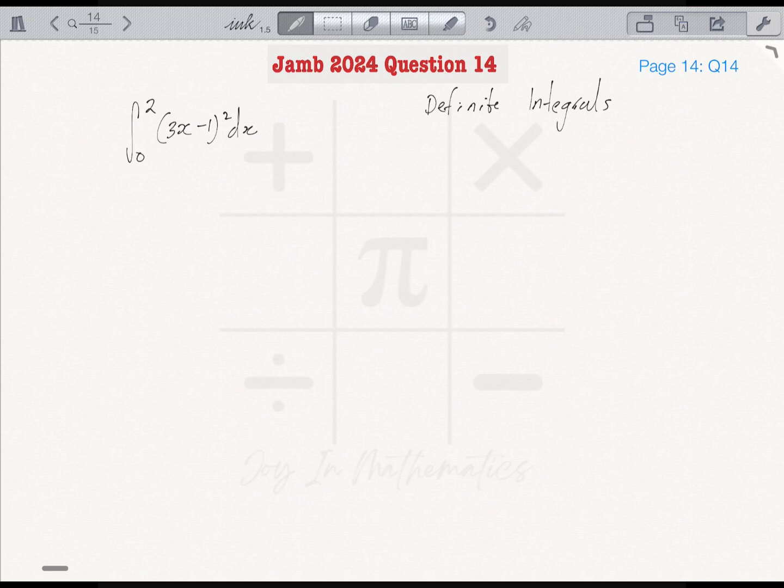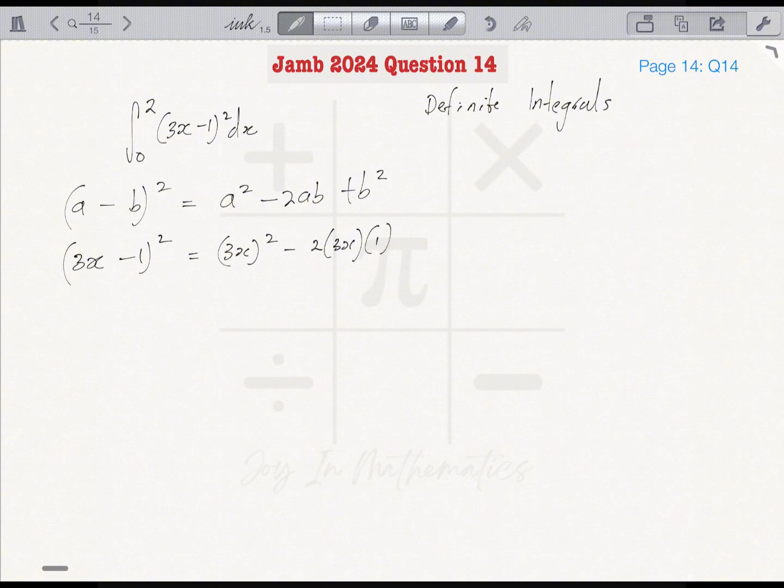So let's begin with the normal way, that's open up the bracket. We know from (a minus b) squared that it is a squared minus 2ab plus b squared. So if you apply this to (3x minus 1) squared, we have (3x) squared minus 2 into 3x multiplied by 1 plus 1 squared.